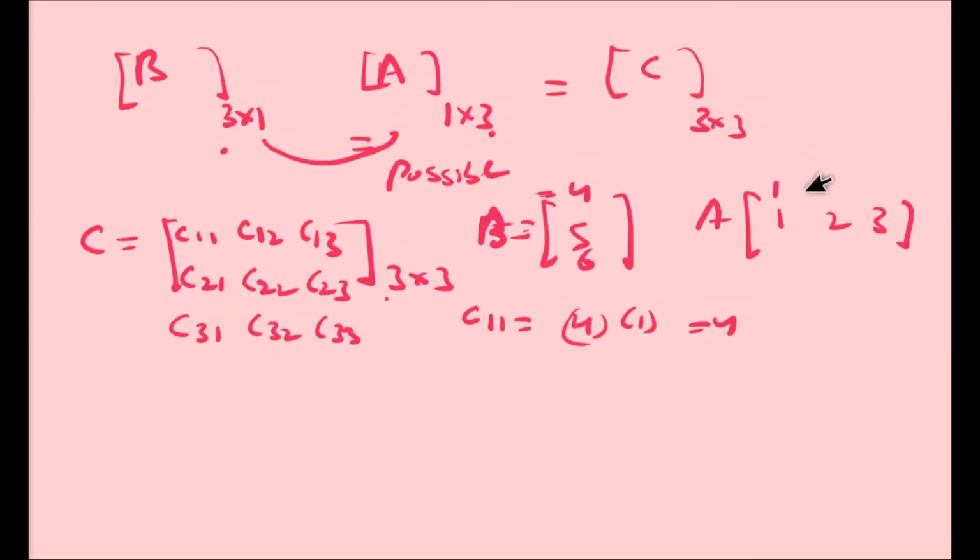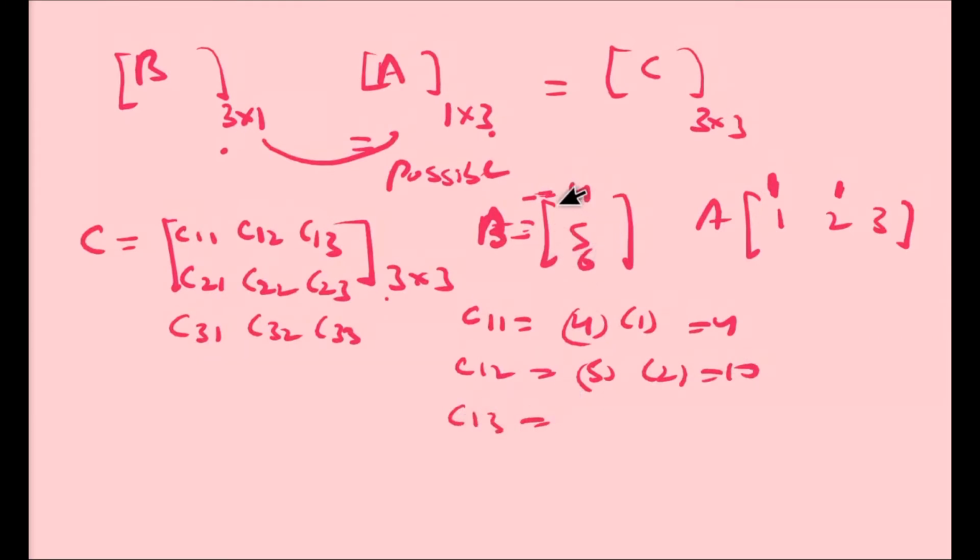Okay, so what about C12? First row, second column, so we can say 4 into 2, 8.